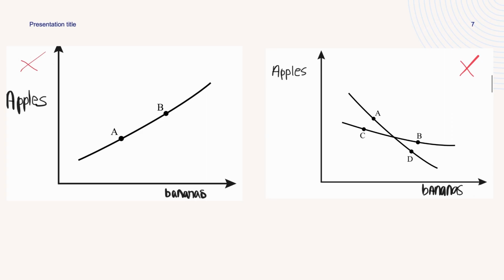When they cross, it leads to contradictory preferences. It suggests that a consumer can simultaneously prefer one bundle over another and yet be indifferent between the same two bundles. And the bundles cannot be preferred at the same time. That violates our assumption of transitivity and more is better.